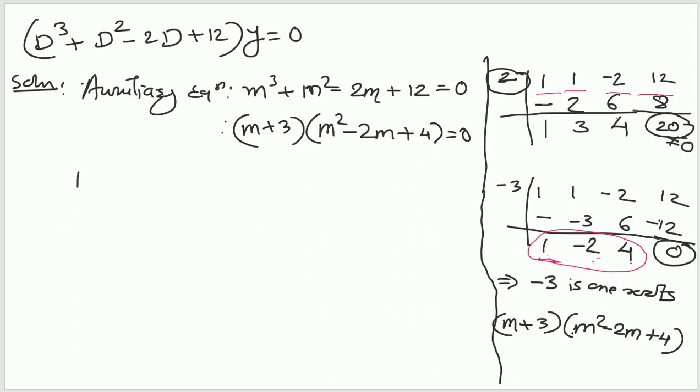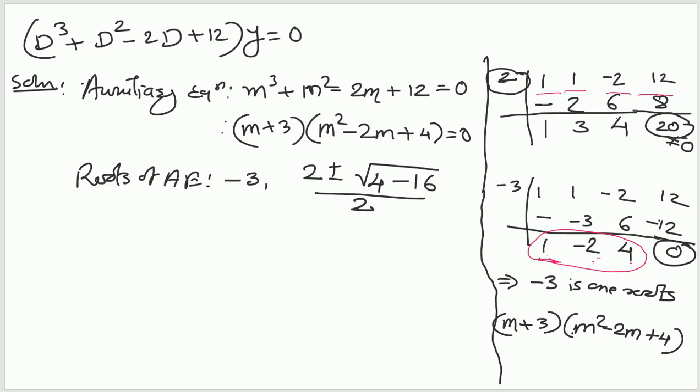Now we can easily find the roots of this auxiliary equation. The first root is definitely -3, and for the quadratic equation we can find the roots. Minus b plus or minus under root b square, that is 4, minus 4 times 4 is minus 16, upon 2. So we get 2 plus or minus under root -12 upon 2.